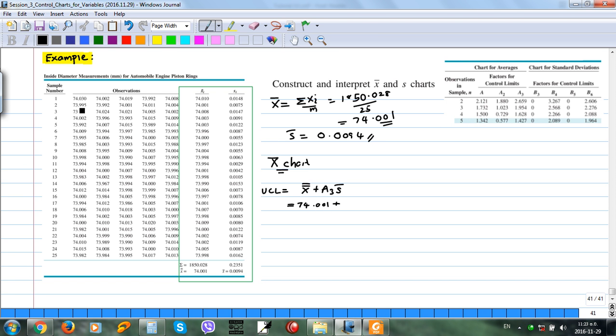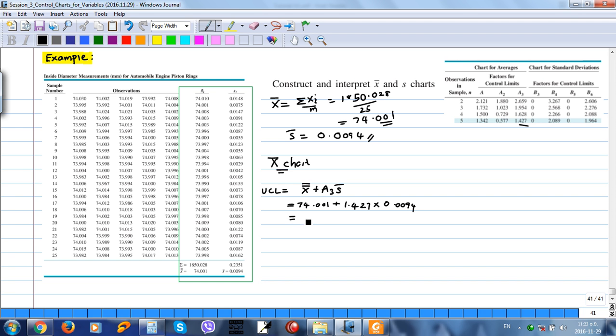The sample size is 5, so A3 is 1.427, times S bar 0.0094.